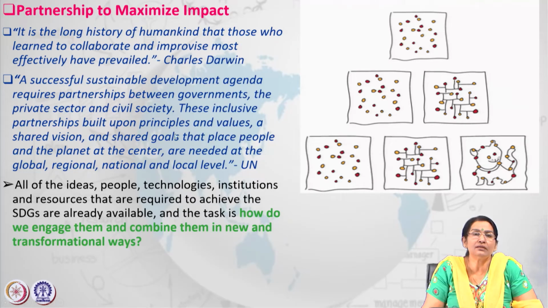All these things also matter a lot in developing that international bonding network and partnerships. Automatically it comes down to how strong that bonding is, how strong that network is in shared vision, in shared goals, and in giving priority to people, planet and prosperity, across the global, regional, national and local level. So, that is the viewpoint of the United Nations.